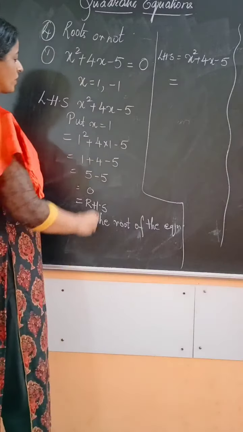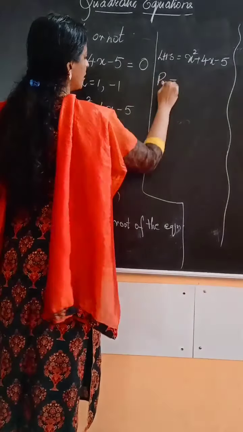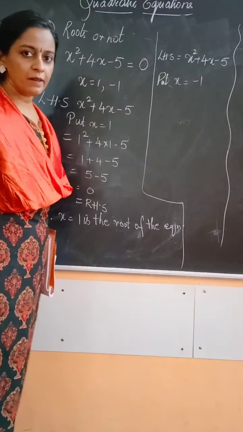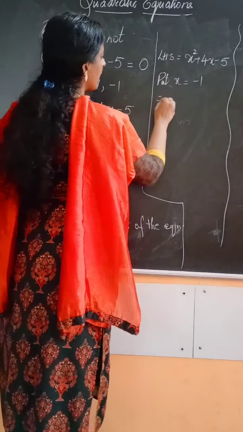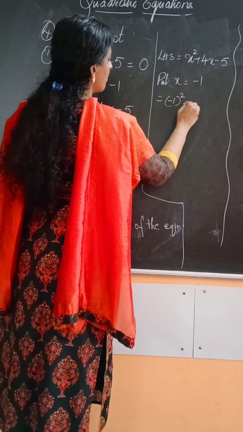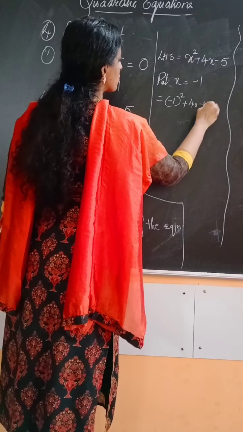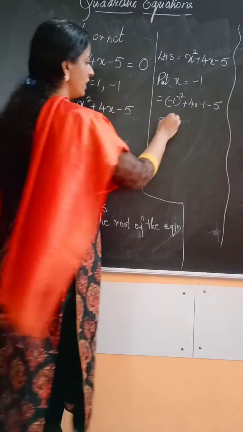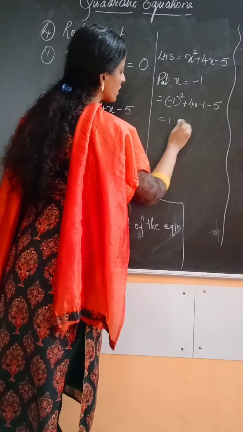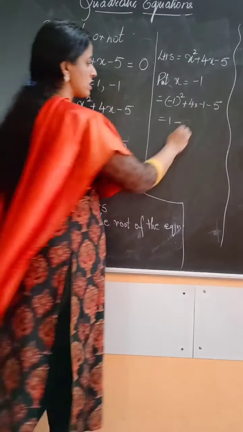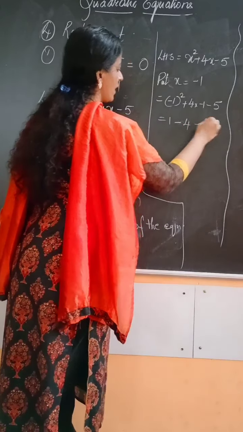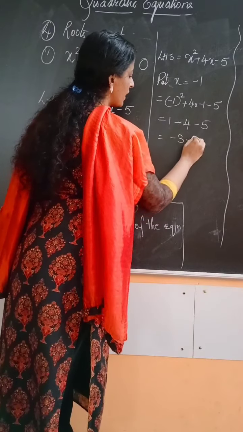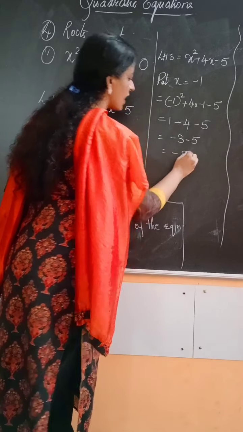In place of x, put minus 1 and check. Minus 1 square plus 4 into minus 1 minus 5. 1 into 1 will be 1. Plus into minus will become minus. 4 ones are 4 and minus 5. 1 minus 4 is minus 3 and minus 5 will give you minus 8.